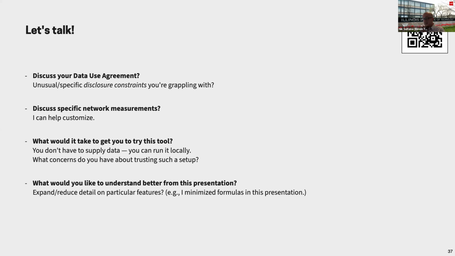So I was wondering if there was any part of this presentation that you wished could go into more detail, or if we need less detail on certain aspects, because it spans networking and systems and privacy and formal methods, right? And it's a bit tricky to get the balance right for different audiences. So I'm always interested in hearing about how this can be better calibrated.